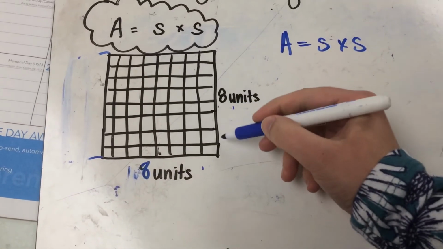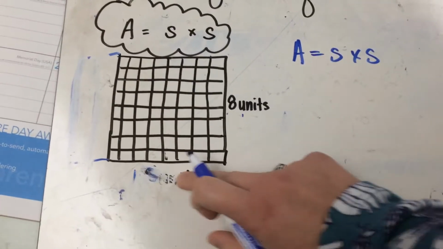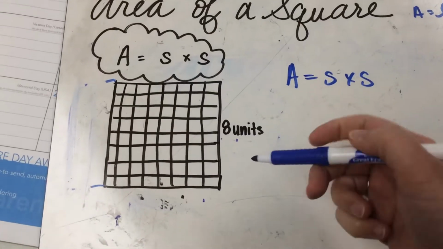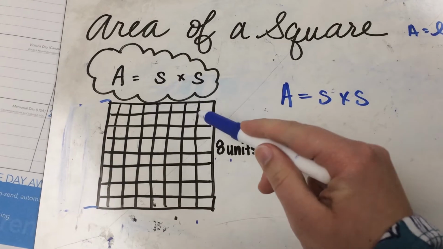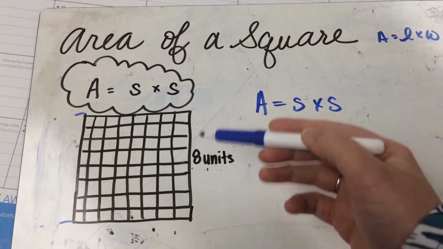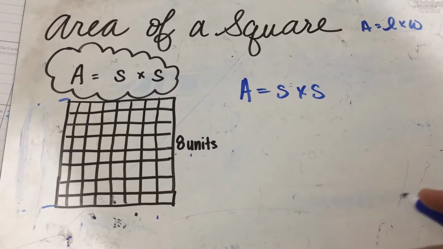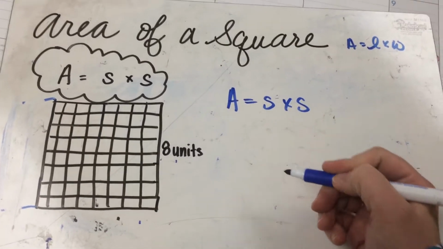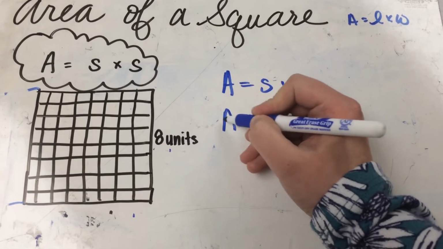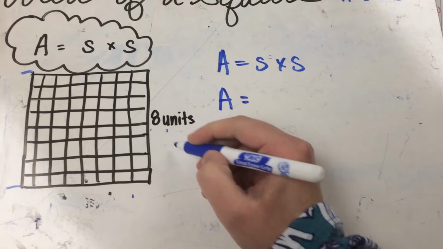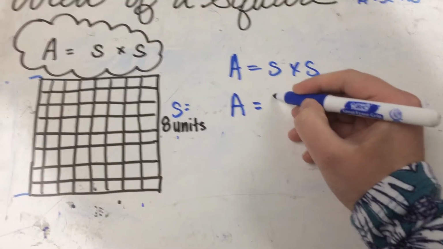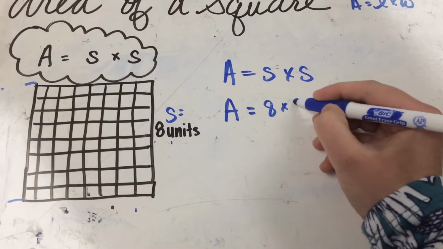Even if you did not know this side, if it's a square, you know that this side is 8 units, this side is 8 units, and this side is 8 units. So you only need to know the length of one side to be able to find the area of a square. If we fill in our blanks, one side equals 8, which means every other side equals 8.